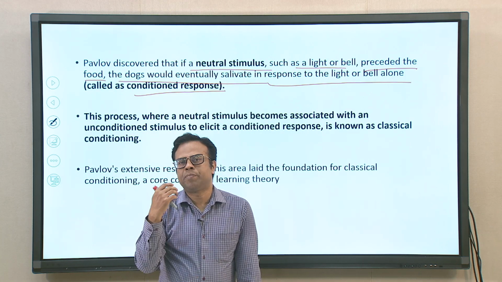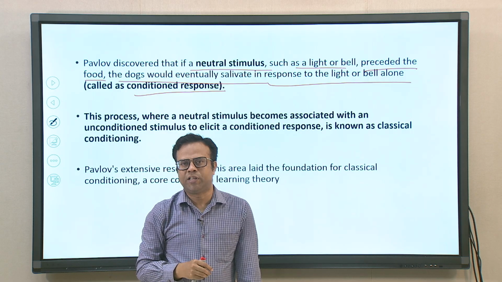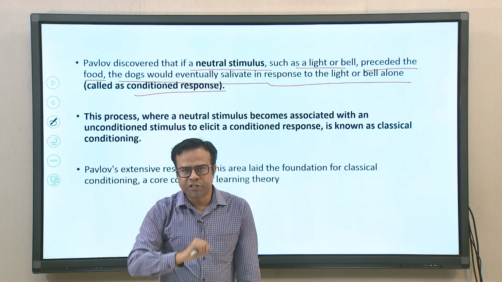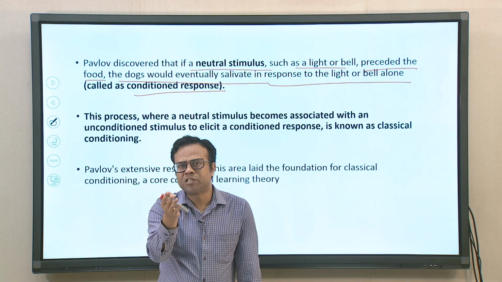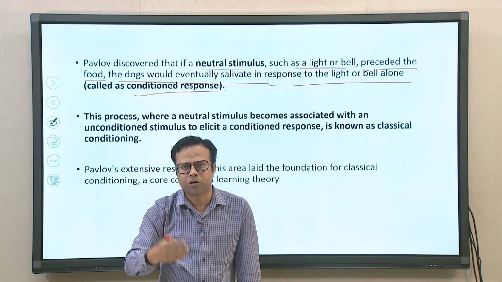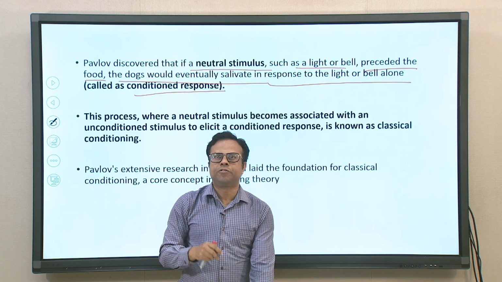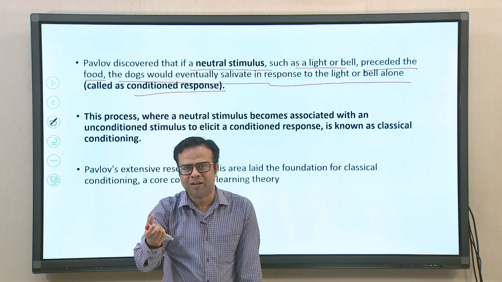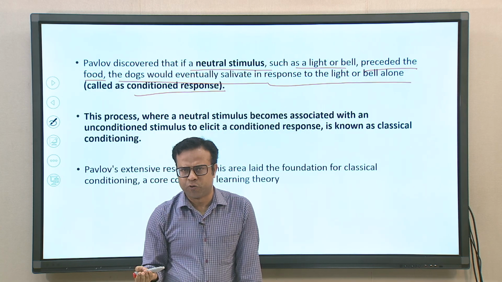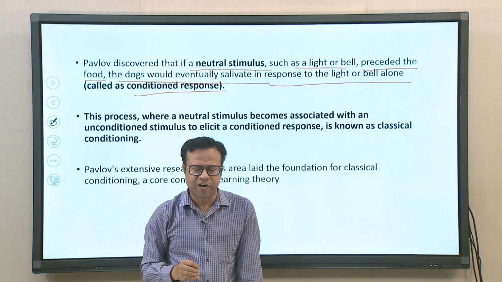So, what he found, whenever some neutral stimuli are associated with unconditioned stimuli like food. Neutral stimulus means, let us say, a light or the sound of a bell. Now, if you switch on a light or produce a sound of a bell, the dog will not respond in any particular way if it is a milder form of sound and so on.